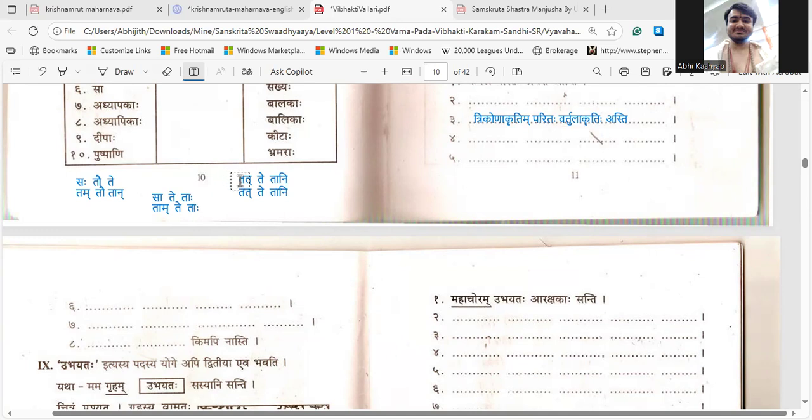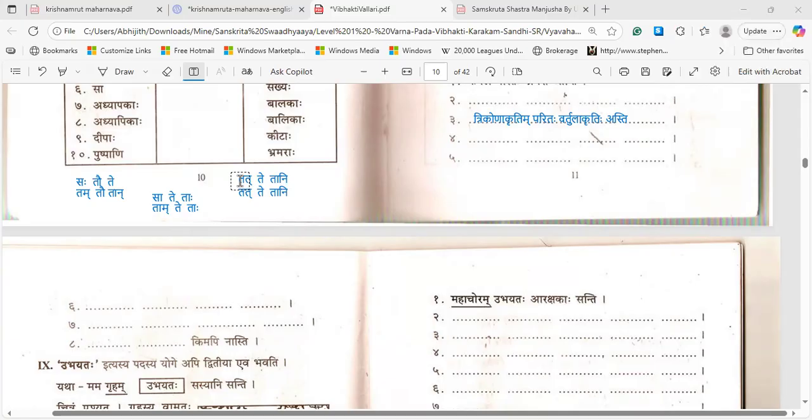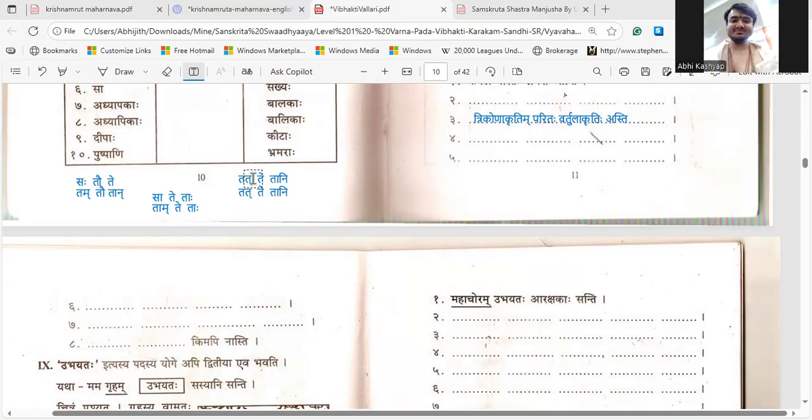Then tat. One more pronoun. It. It is equal to tat. Prathama Vibhakti Ekavachana tat. It. Prathama Vibhakti Dvivachana te. Prathama Vibhakti Bahuvachana tani.